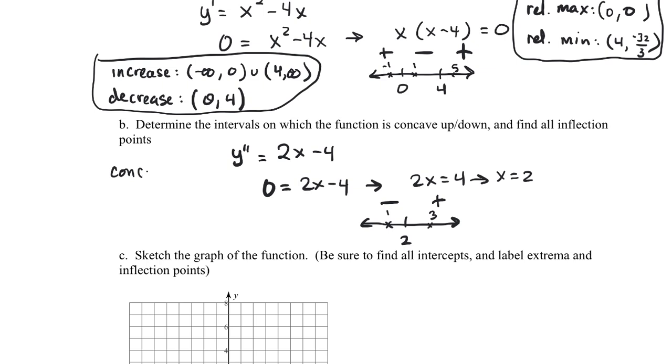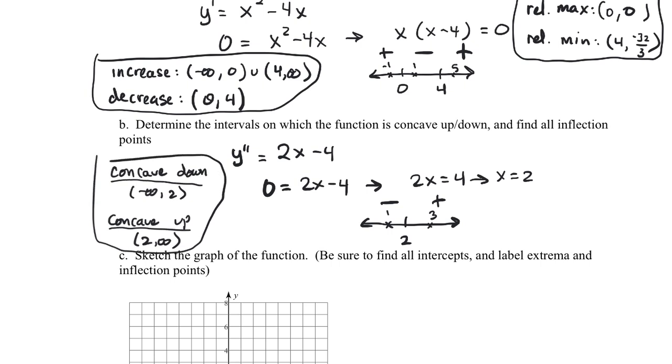So it's concave down from -infinity to 2. Concave up is from 2 to infinity.